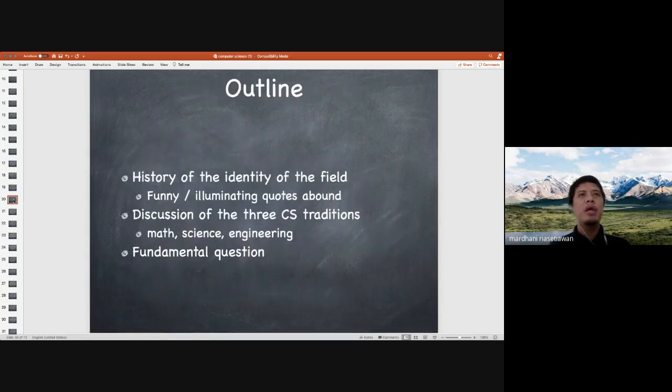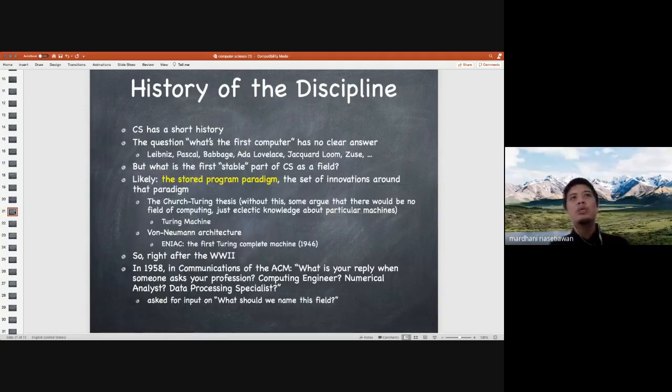And when we look at computer science, we need to discuss the tradition of computer science, from mathematics, science, and also engineering.